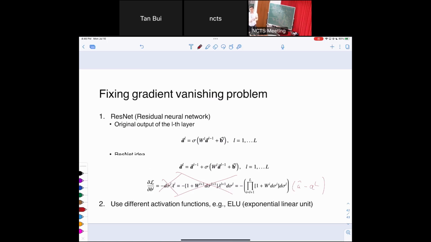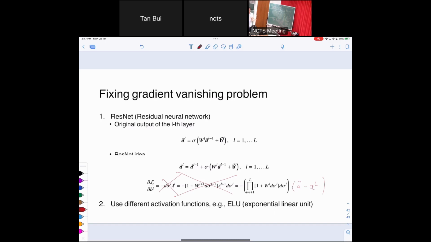Then gradient descent, or backpropagation, could be problematic if you use sigmoid functions, because of vanishing gradients. And of course, if you use another function like ReLU, you may also have a problem, because for ReLU, half of the derivative is 1 and half is 0. If somehow your weight and bias is such that the derivative is 0, then you have the vanishing gradient problem for ReLU.